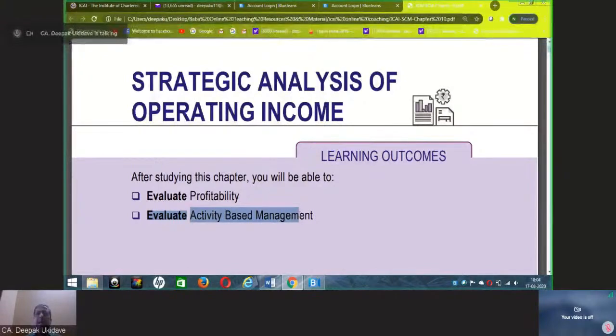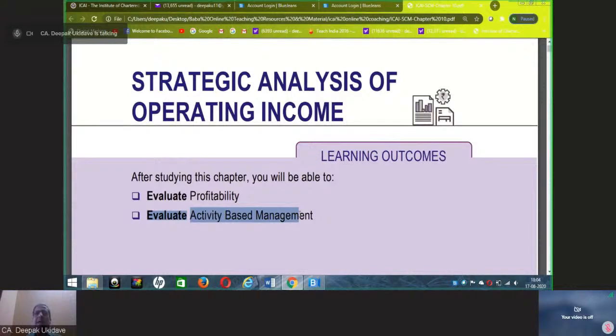And you can decide whether a particular activity is needed or not needed in the value chain of that business. If the activity is not adding any value, then that activity is done away with, that is discontinued. If any activity is adding value, then it is continued and more focused attention is given to that activity.